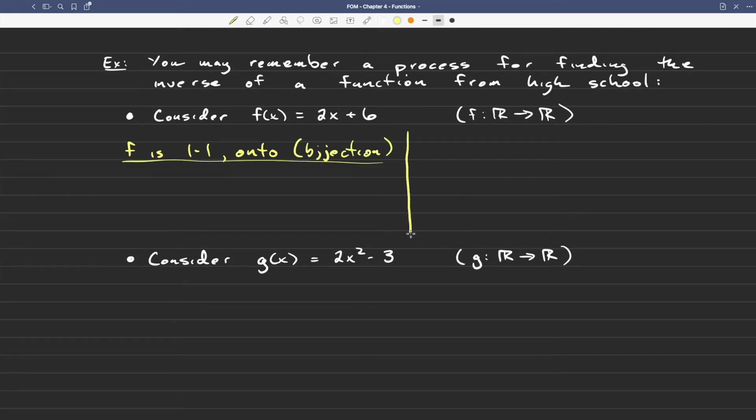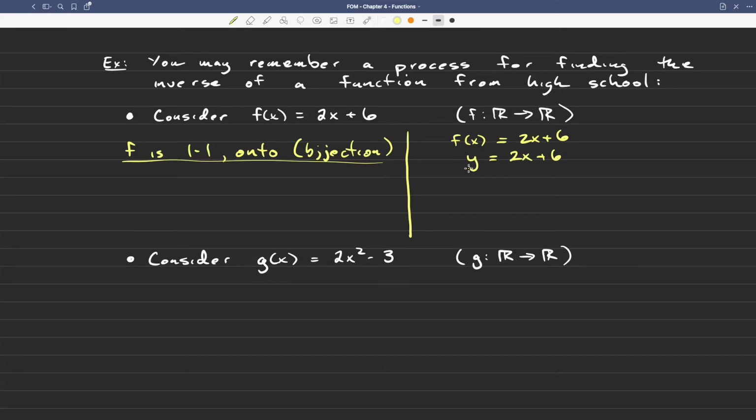And the process for finding the inverse goes something like this. You'd have, say, f of x equals 2x plus 6. I remember clearly learning this in high school. You replace f of x with the symbol y, just for convenience. Makes it a little simpler. And then remember, when you form the inverse, you interchange the first components and the second components of all the ordered pairs in the relation.